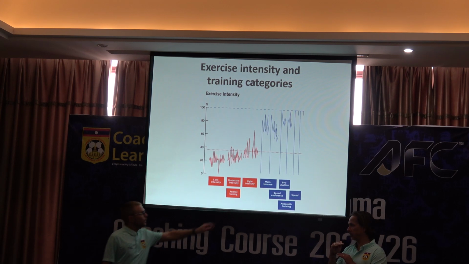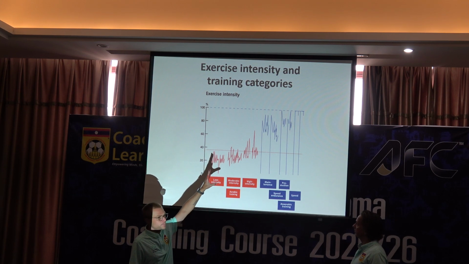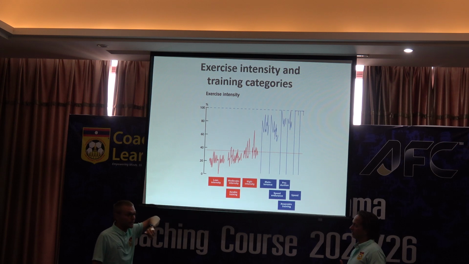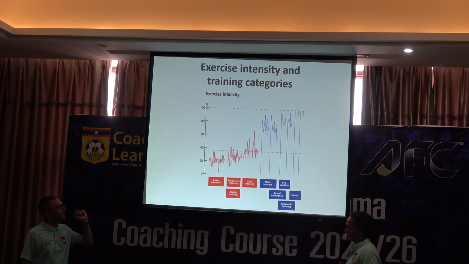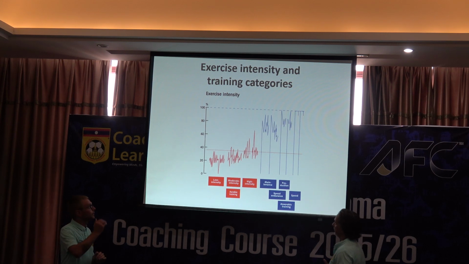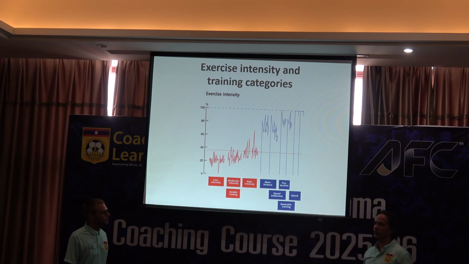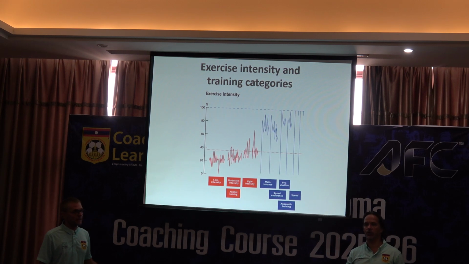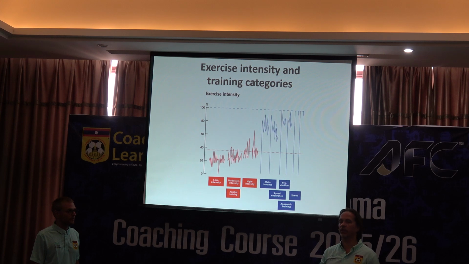For maintenance, the intensity ranges from 0 up to about 80 or 90%. And this means that you can do speed endurance maintenance training like 2v2 on a small area with goalkeepers.